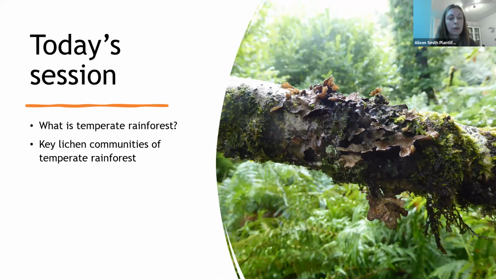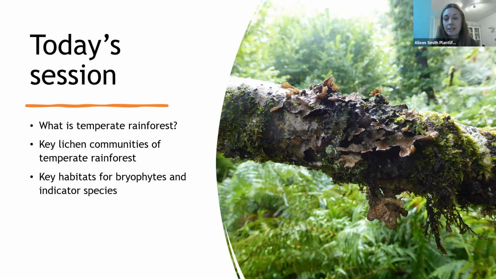And then I'm going to talk to you a little bit more about some of the key lichen communities and bryophyte communities that we find in our temperate rainforests, some of the special species and communities to look out for, the sorts of habitats that they need and the sorts of conditions they need to thrive in.